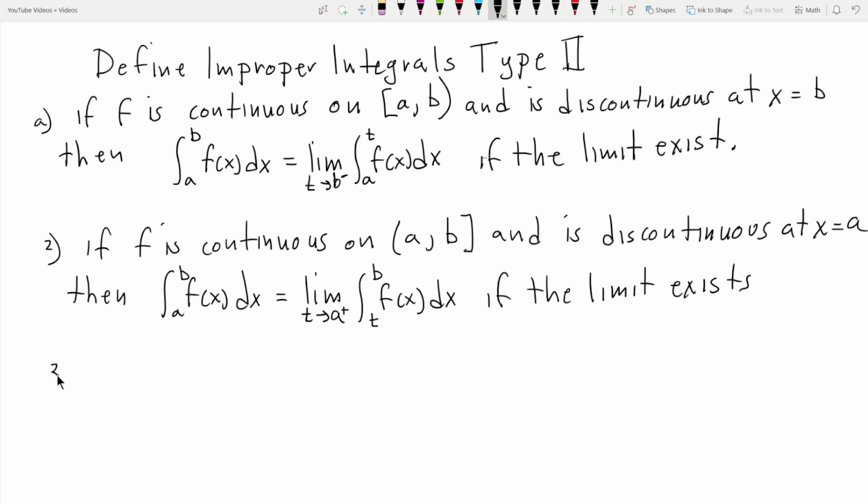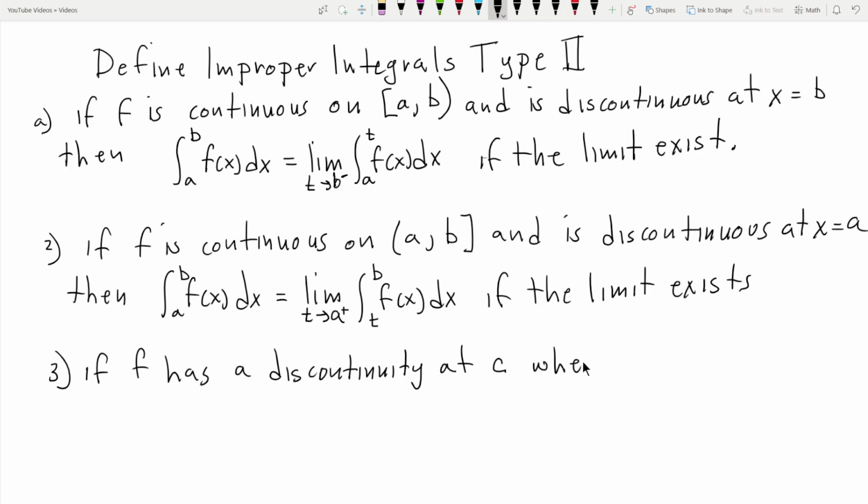So the third case is if f has a discontinuity at some value c, where c is strictly between a and b. We've already taken care of the endpoints.